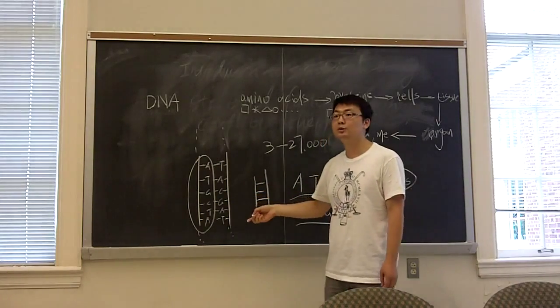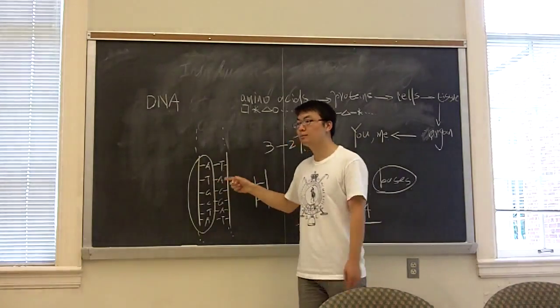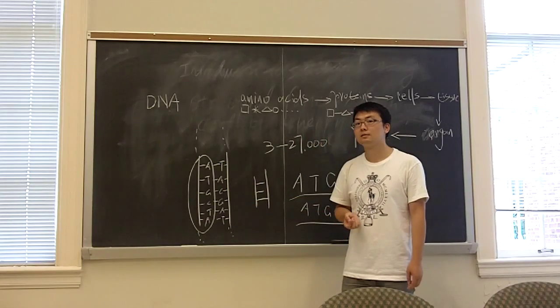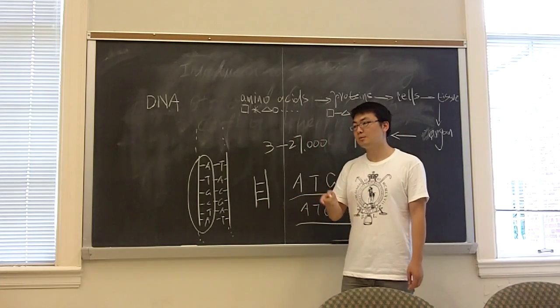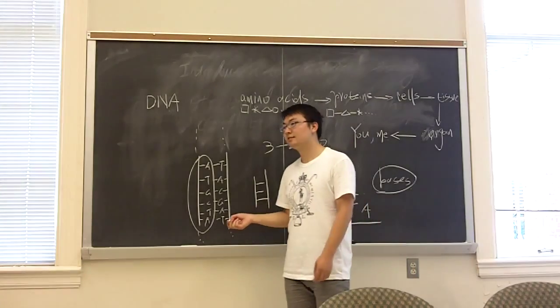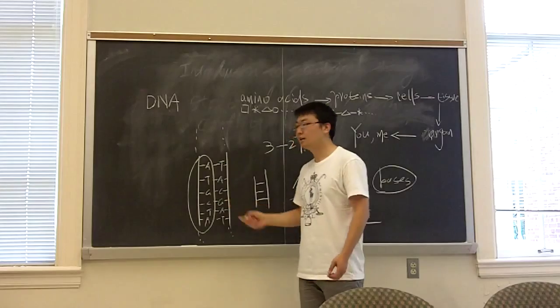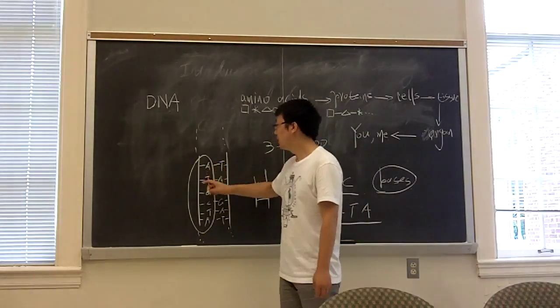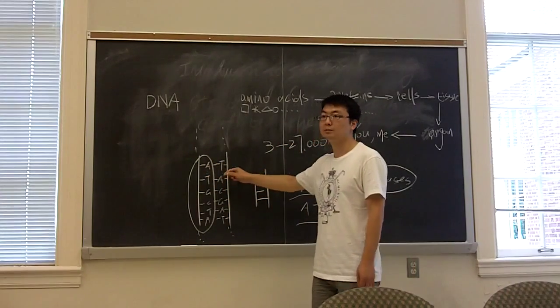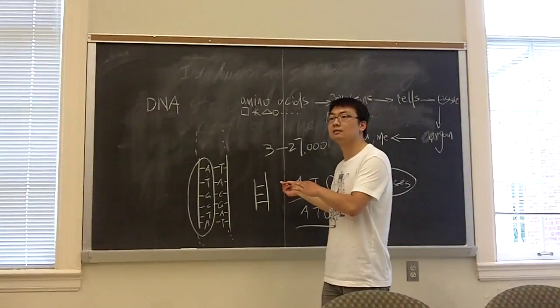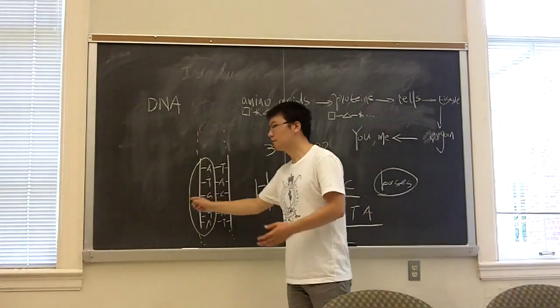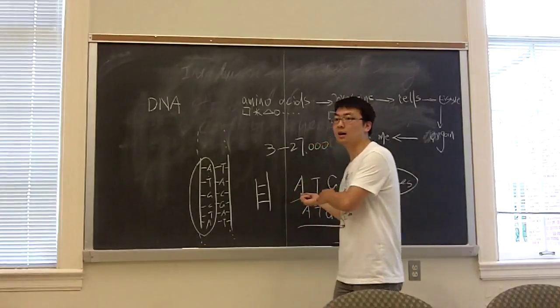Do you know why? Could you get the answer from this model? Because they are pairs. Yes, absolutely. A and T, G and C. A and T are partners, G and C are partners. If A is on the left side, T must be on the other side. If G is on the left side, C must be on the other side.